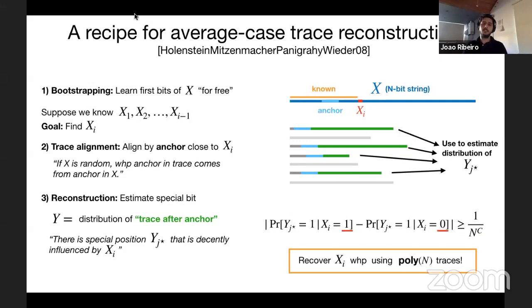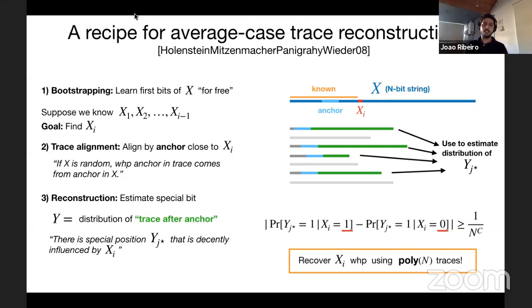For a logarithmic number of bits, you can figure them out with probability, say, 1 minus 1 over n. And then you start from there. So the first few bits are always easy.